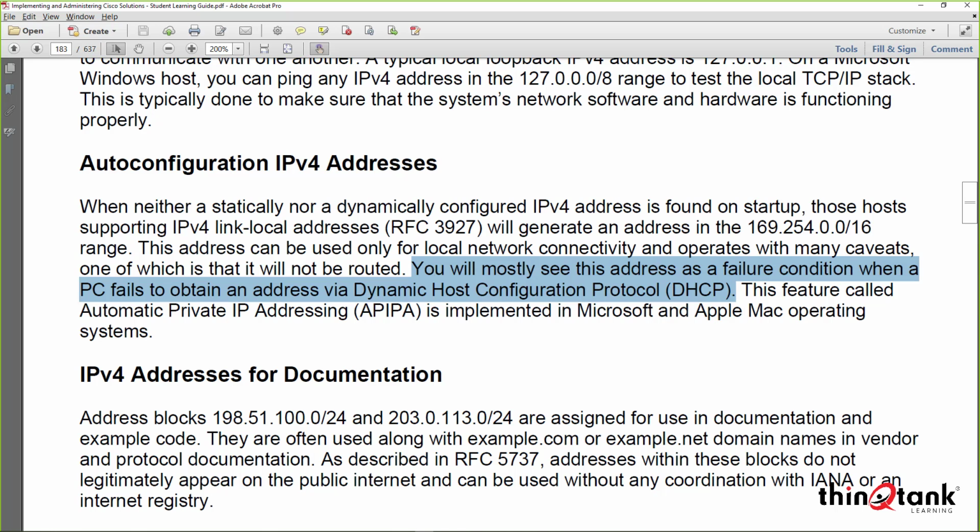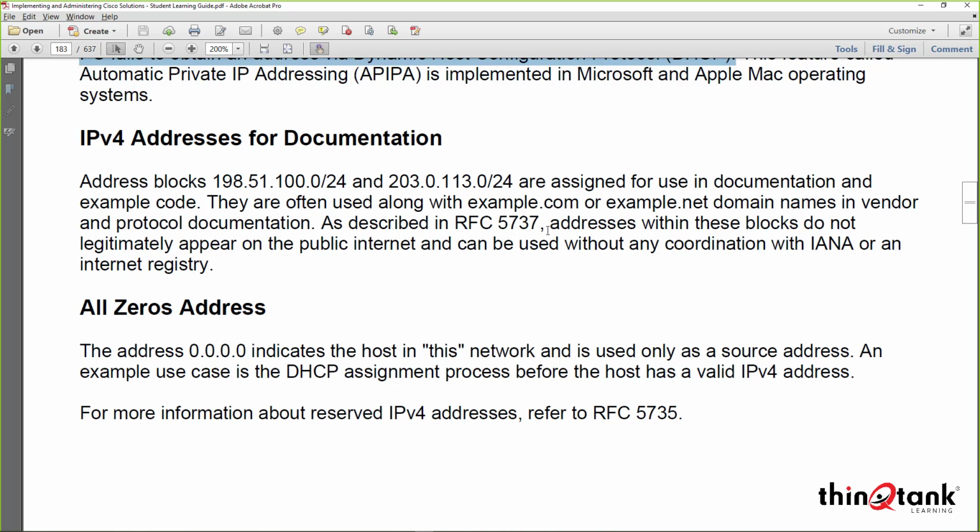All right. Another special case set of addresses is the documentation block, which is kind of interesting. A lot of people aren't aware that this exists, but 198.51.100.0/24 is reserved for documentation. So for like training documents and stuff, if you want to put in a quote unquote address, it's almost like the idea of the 555 prefix.